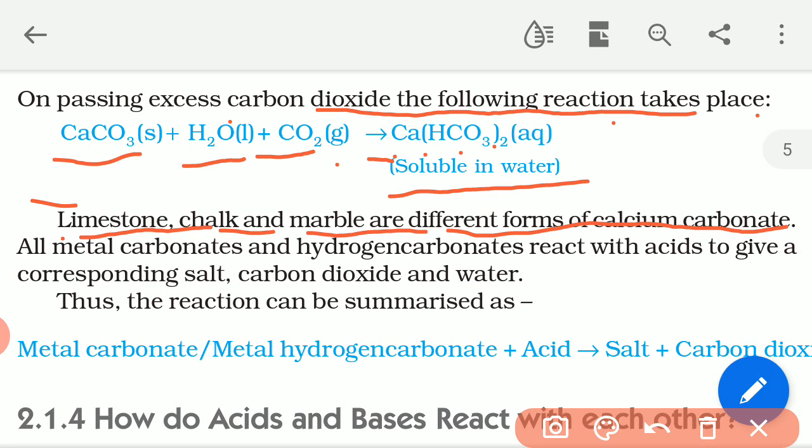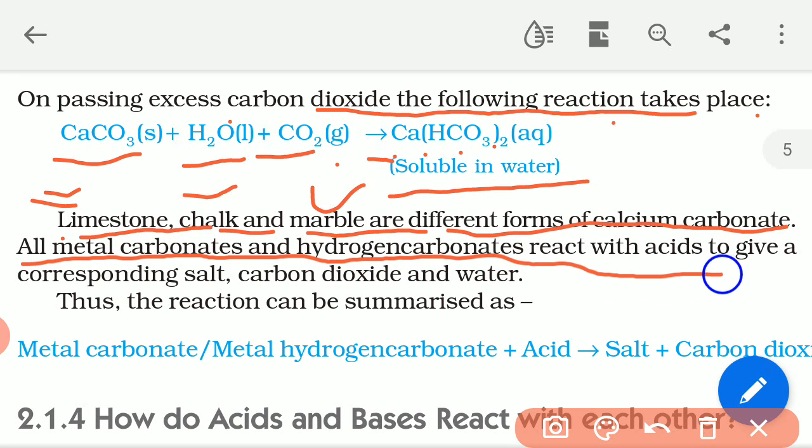So give an example of calcium carbonate. Limestone, chalk, which is used for writing on the blackboard, and marble are examples of calcium carbonate. All metal carbonates and hydrogen carbonates react with acid to give the corresponding salt, carbon dioxide and water.